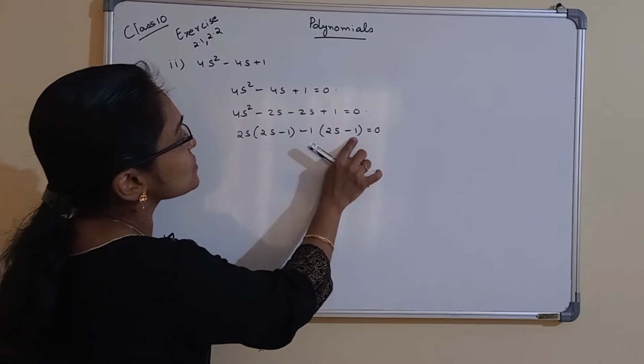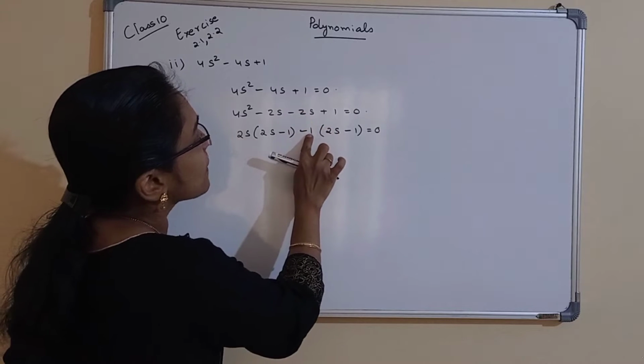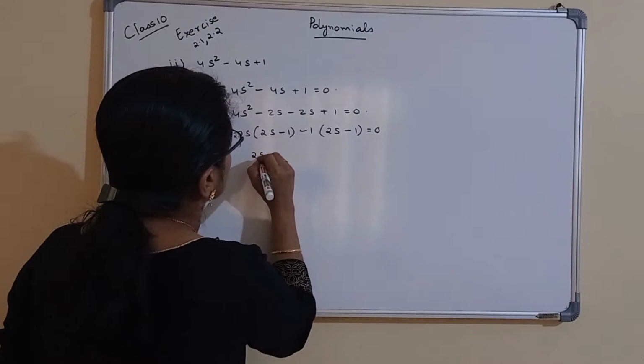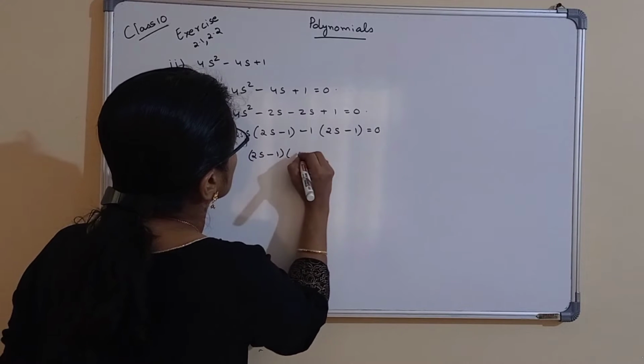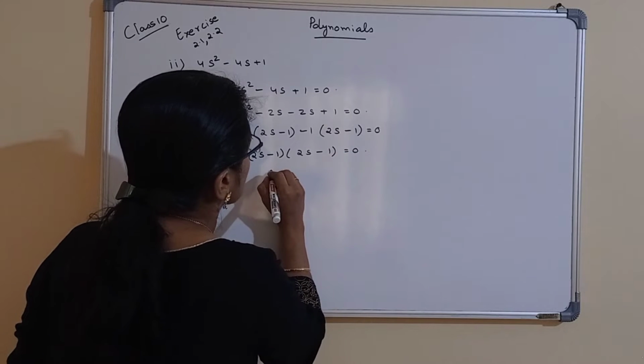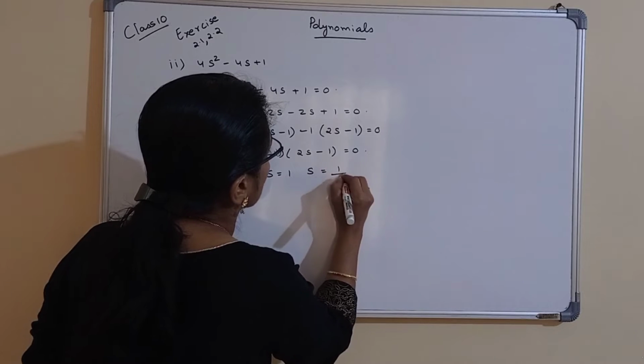We can write this as 2s minus 1 because minus 1 into 2s is minus 2s, and minus 1 into minus 1 is plus 1. So we have 2s minus 1 into 2s minus 1 is equal to 0, which means 2s equal to 1, that means s equal to 1 by 2.